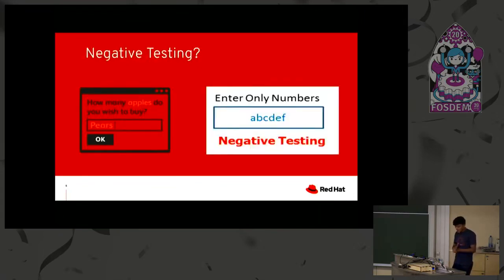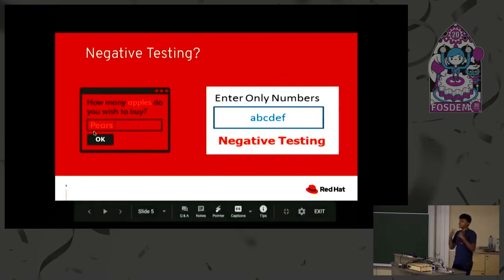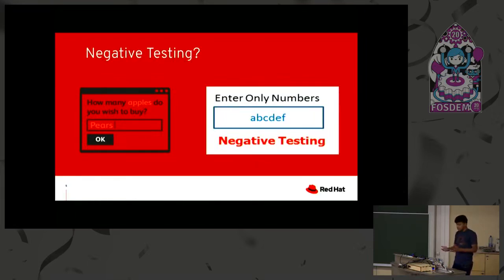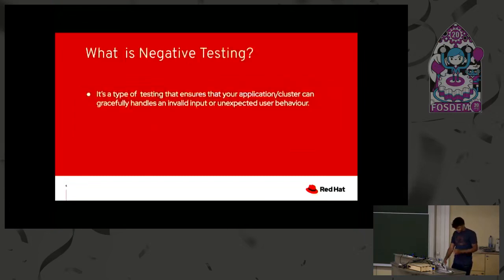As you can see here, these are unexpected situations. These are not the desired input that our application wants. If a user enters this kind of input, our system should be able to handle these situations gracefully. We'll look into a more complex and more practical example later in the slides.